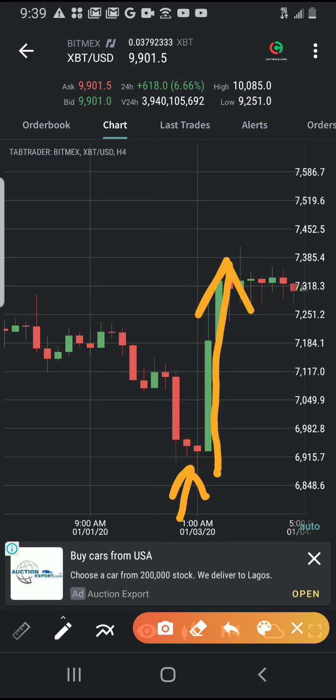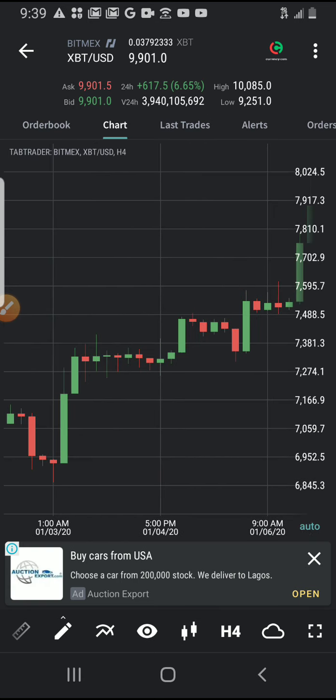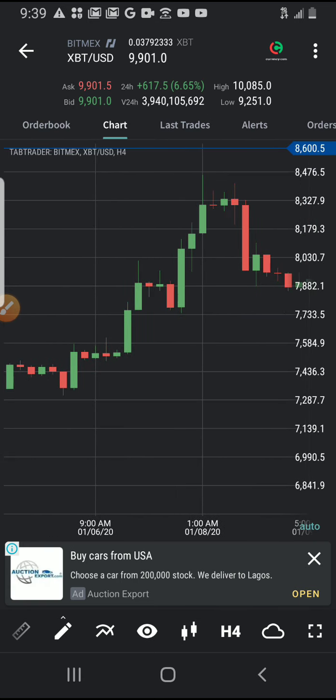But shooting star and hanging man, you look out for them in an uptrend, in a resistance region. So once a coin is facing a resistance and a hanging man or shooting star forms, if you are holding that coin, you sell it off immediately and take your profit and go.